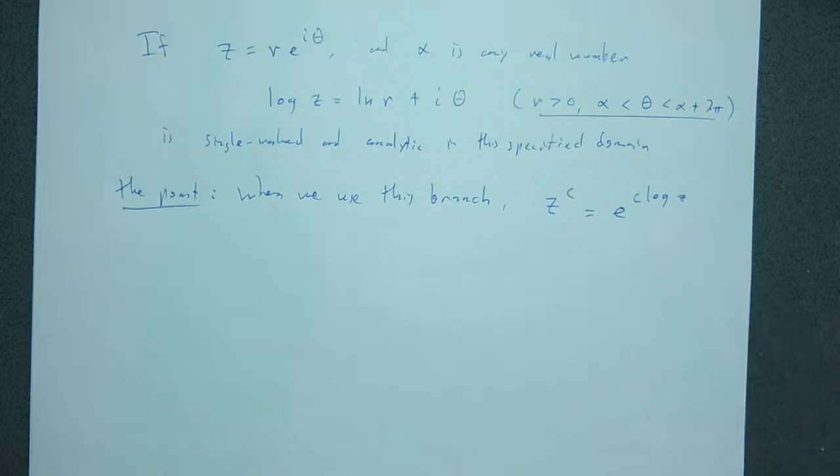This thing is single valued. The function e to the z is single valued and analytic. And so what is it that we're doing here? Well, this function itself is single valued and analytic, right?